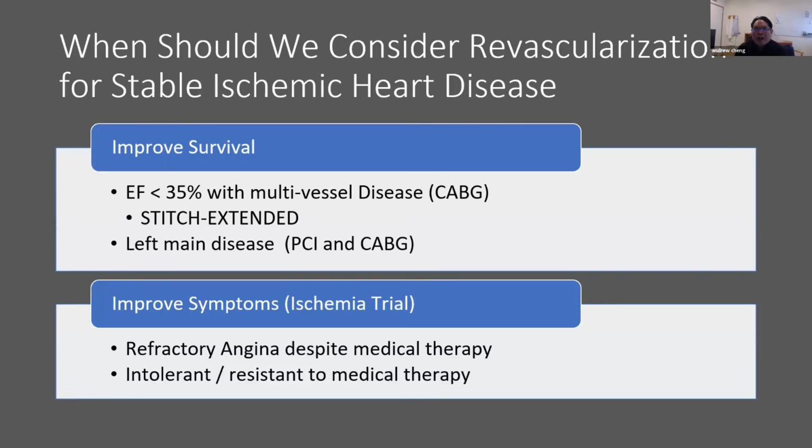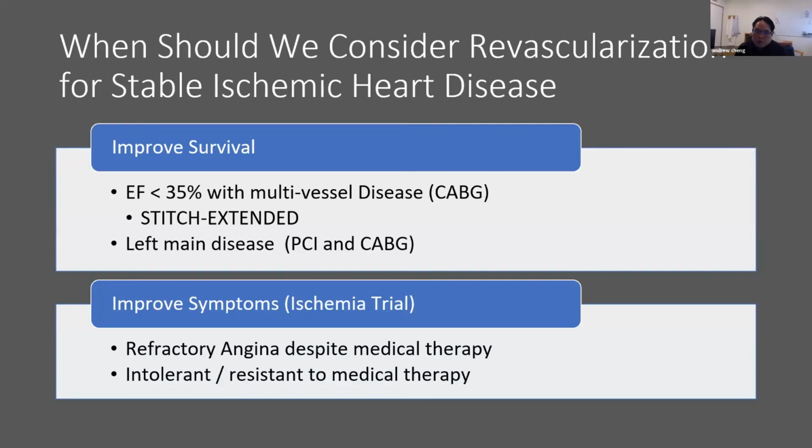Interestingly, they did a similar study looking at PCI versus medical therapy in the same patient population, and it didn't actually improve mortality. The other situation where revascularization improves mortality is left main disease, either by PCI or CABG.